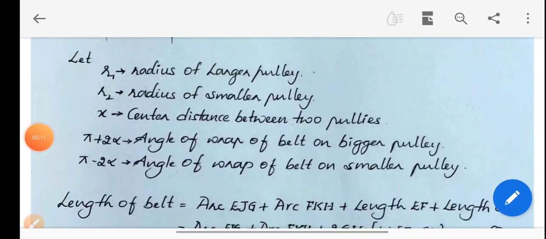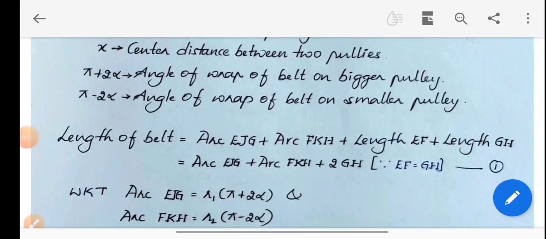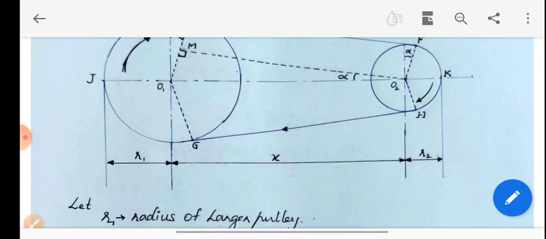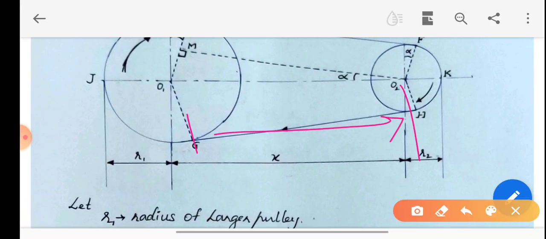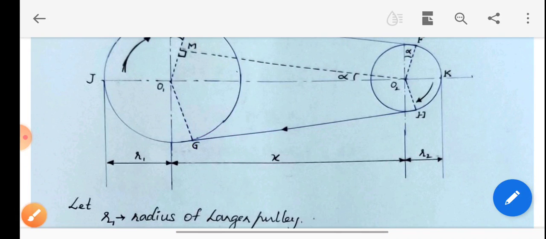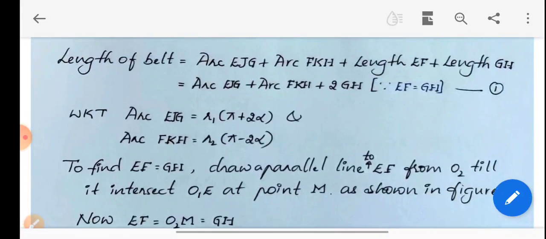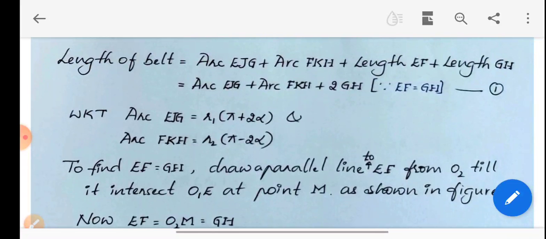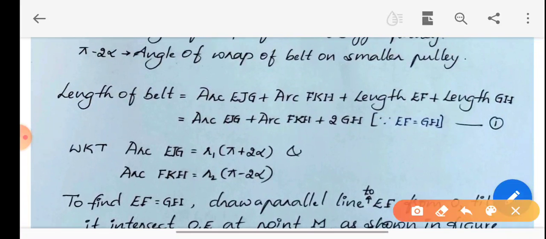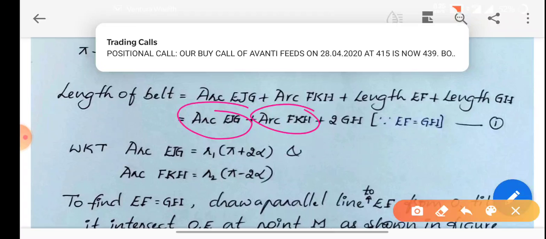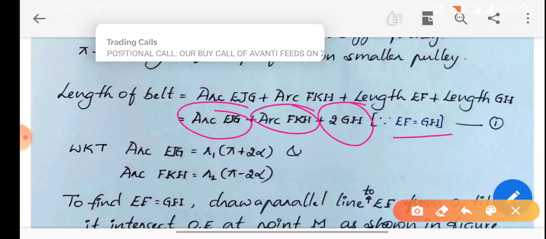So the total length of belt is equal to arc EJG plus arc FKH plus length EF plus length GH. Length GH is here. If you look at the figure, length GH and length EF are equal. So I will write the length of belt is equal to arc EJG plus arc FKH plus 2GH, because I know EF is equal to GH.